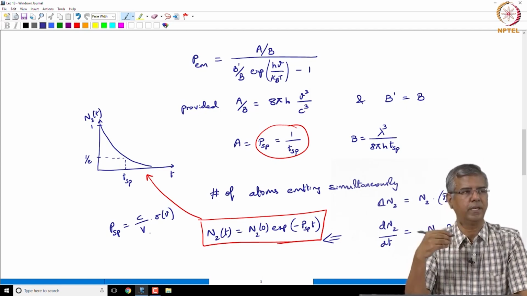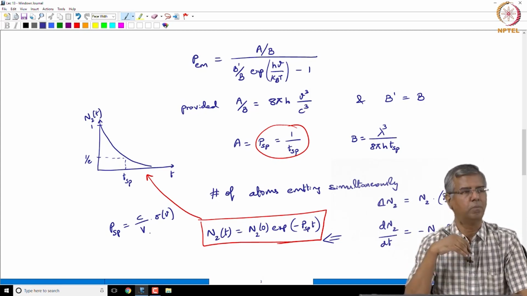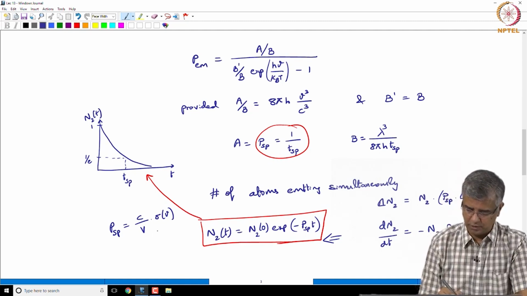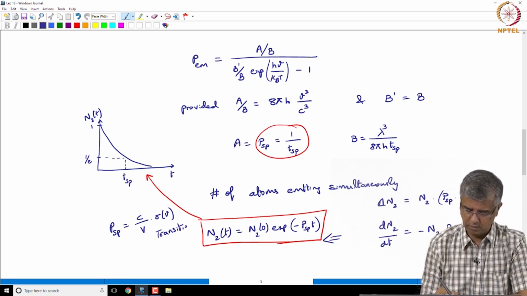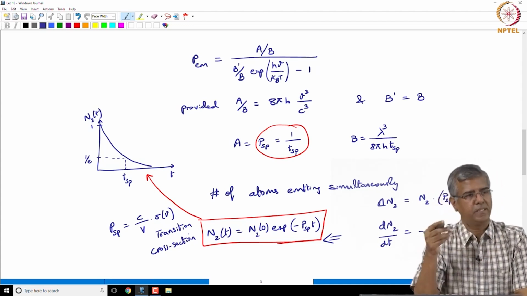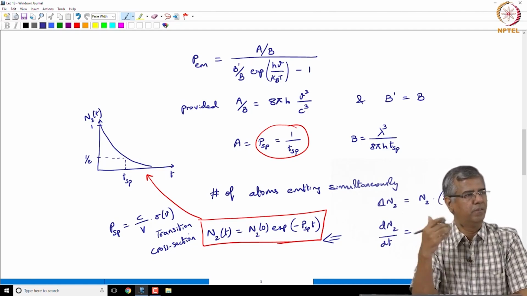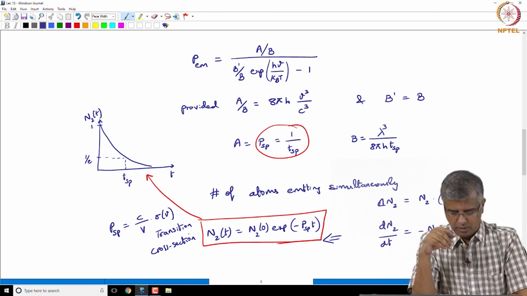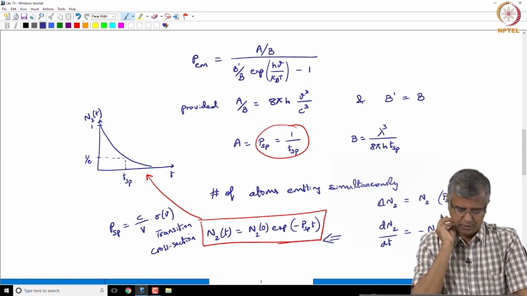We will actually refer to this sigma value, which corresponds to what is called transition cross section, okay. So, instead of representing in terms of probability, we will represent it in terms of what is called a transition cross section, okay.